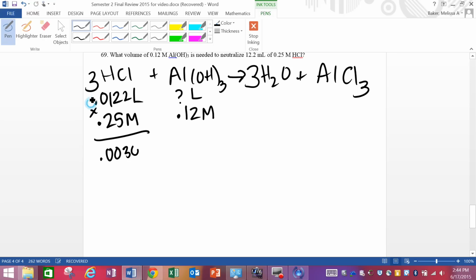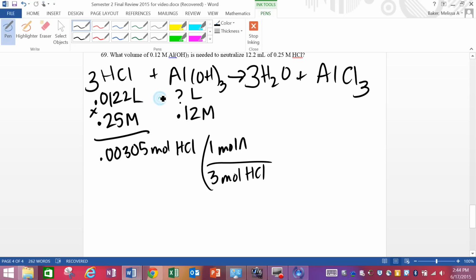This is how much you had to add to neutralize that base. But for every 3 moles of HCl, there's only 1 mole of AlOH3 in there. So that comes out to be 0.001 moles of AlOH3.